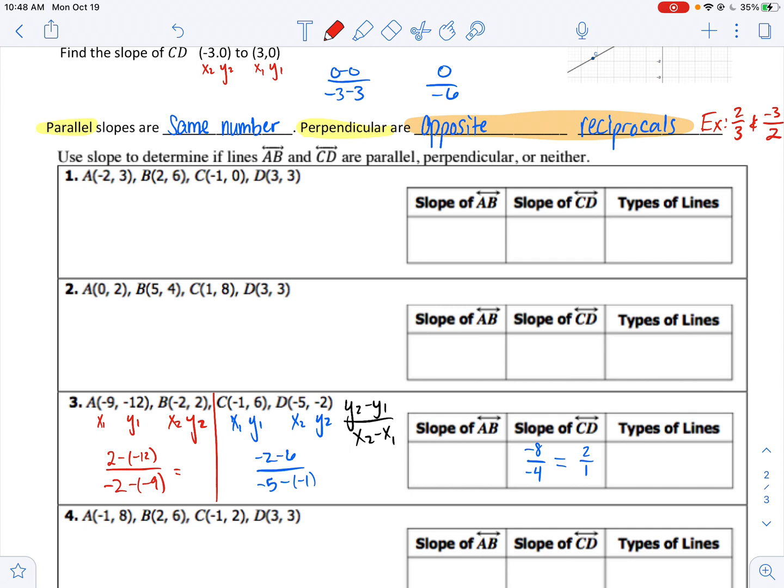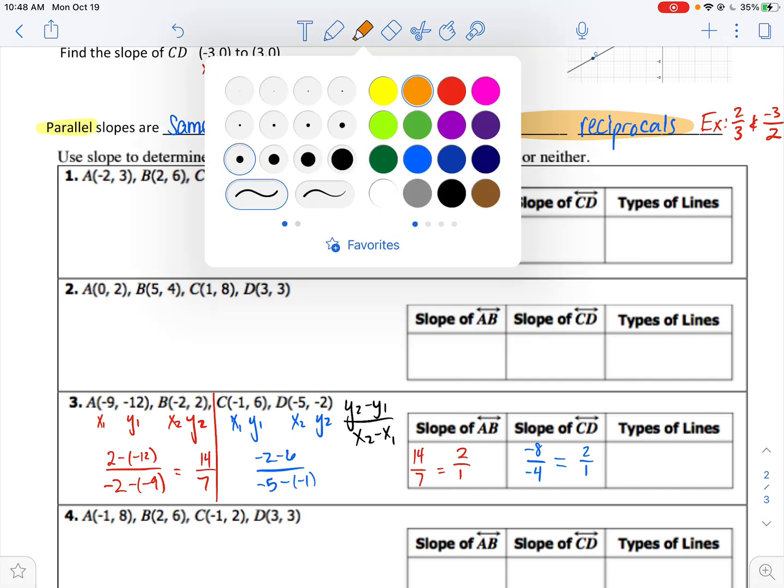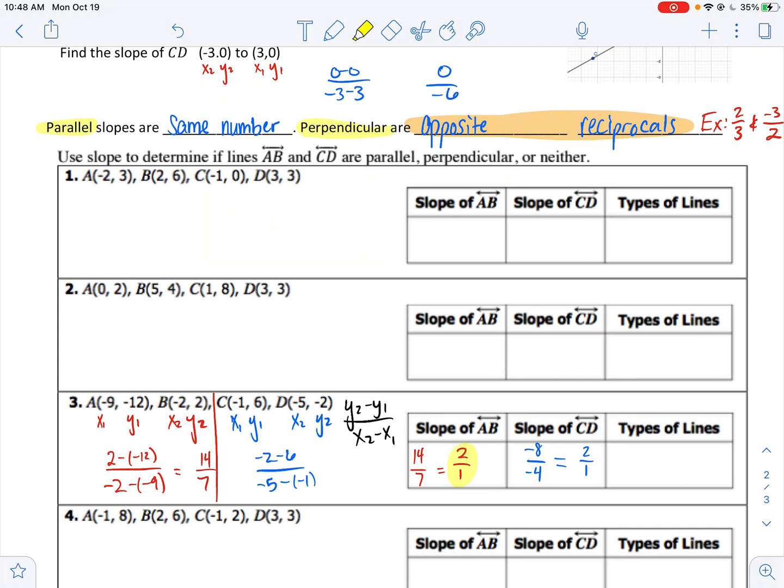So that's going to be 14 over 7, which is a positive 2 over 1 if I were to simplify. And notice that these have the same exact number for their slope. They're both 2 over 1. So if they're the same number, then they must be parallel lines.